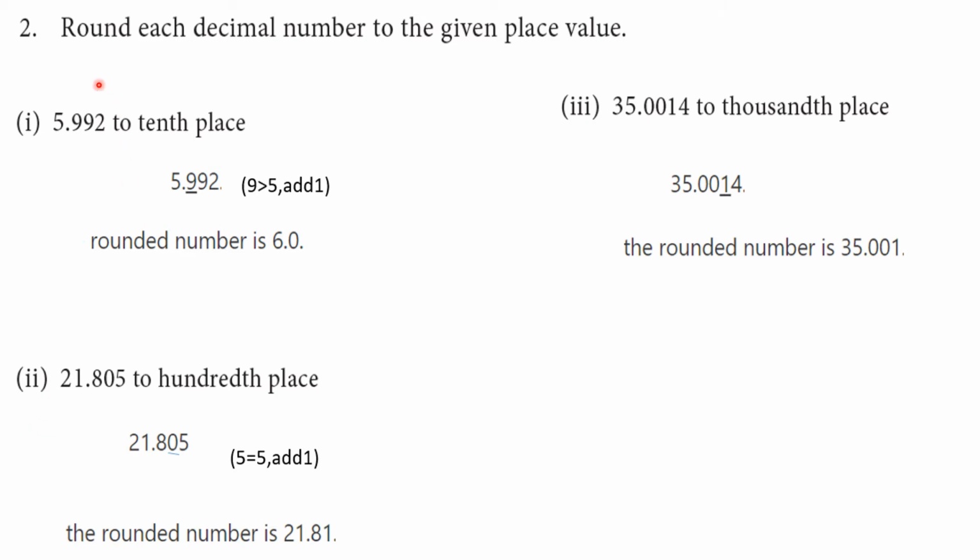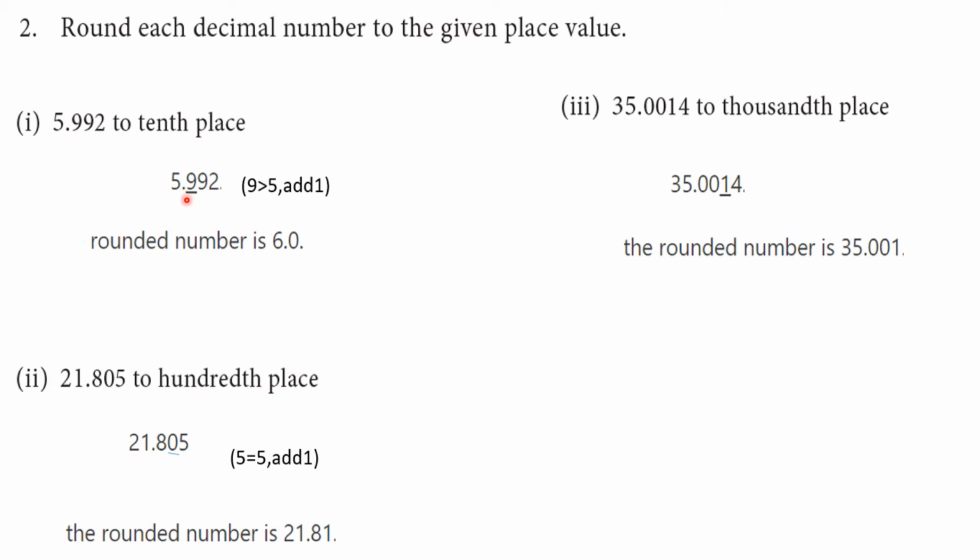Next, round each decimal number to the given place value. Question 5.992 to 10th place. After the decimal point, the first digit is the 10th place. Next 100th, 1000th. So we have to round the decimal number at the 10th place. First you underline the 10th place digit.